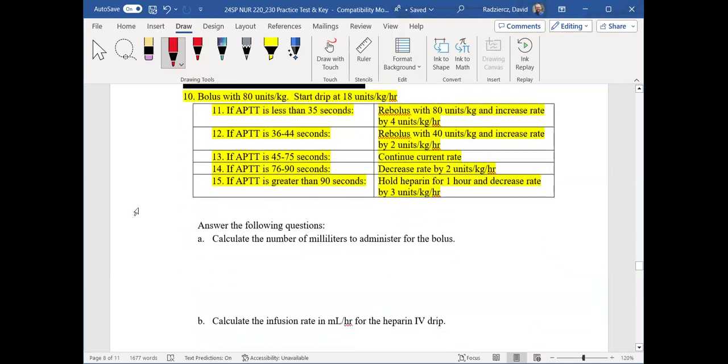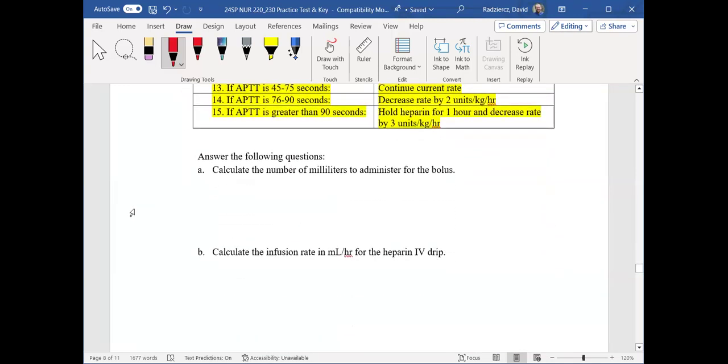All right. So the first thing it says is to calculate the number of milliliters to administer for the bolus. And the first thing I'm going to do is take the patient's weight, which is 100 kilograms, and multiply it by the instruction, which was to bolus with 80 units per kilogram.